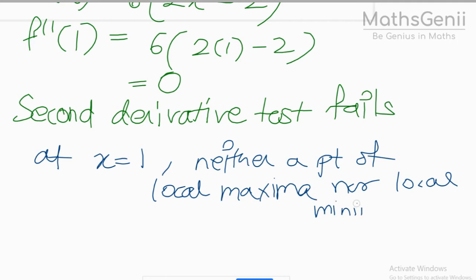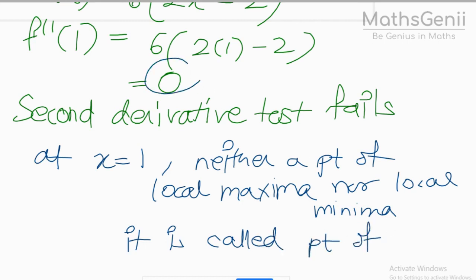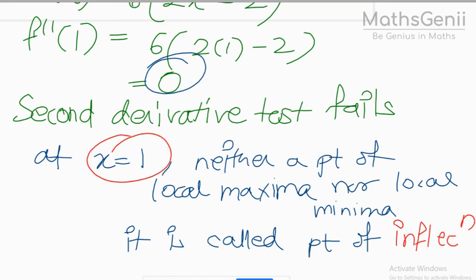It is in fact called a point of, we should not get 0 as answer, right? So second derivative failed. So such type of point on the graph is called a point of inflection. So this one is a point of inflection.